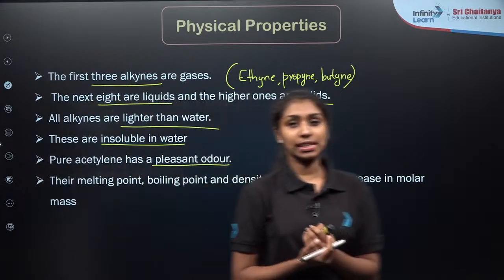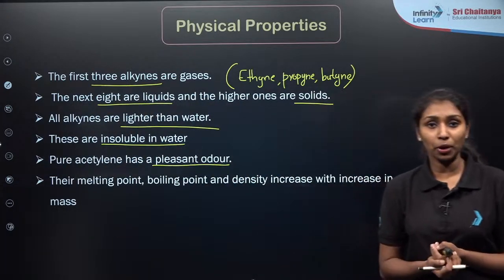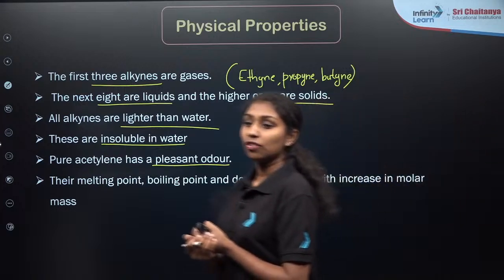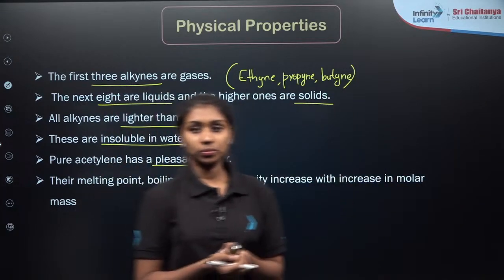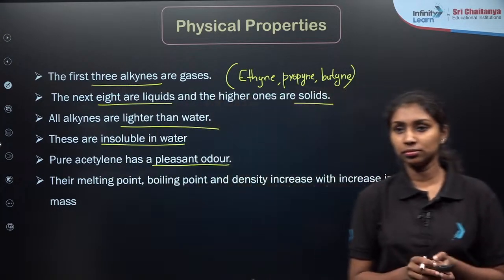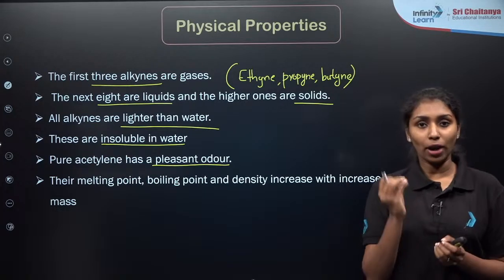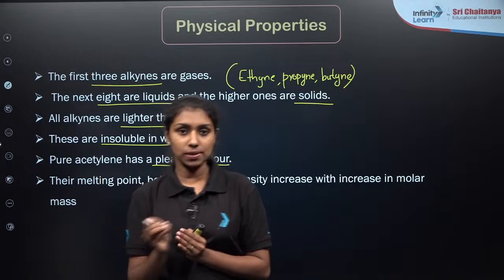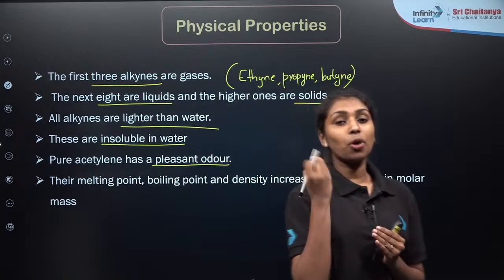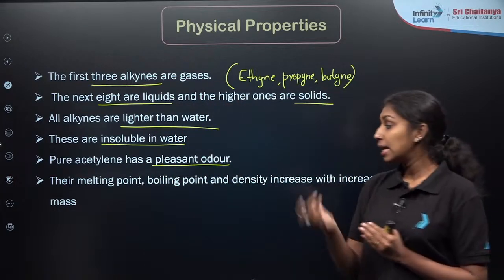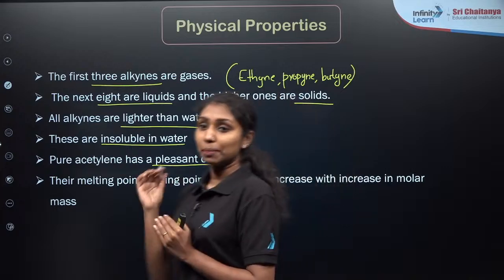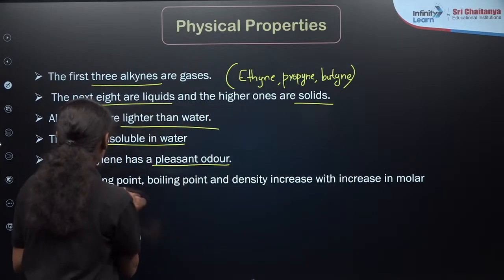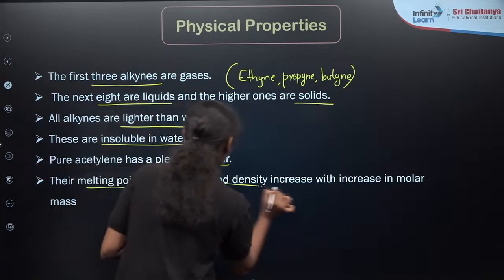Then what about the physical properties like melting point, boiling point and density of the alkynes? As we already know in the case of alkanes and alkenes, as the molecular mass increases, the boiling point and melting point also increase. Similarly, in the case of alkynes also, the melting point, boiling point and density increase with increasing molar masses.